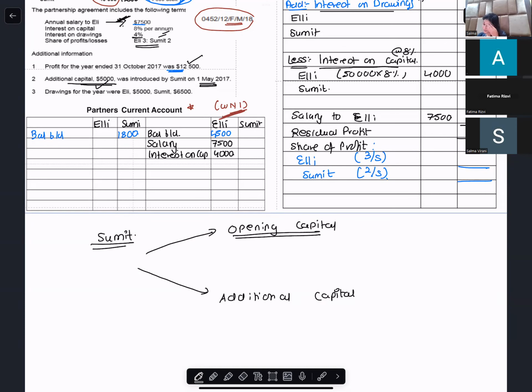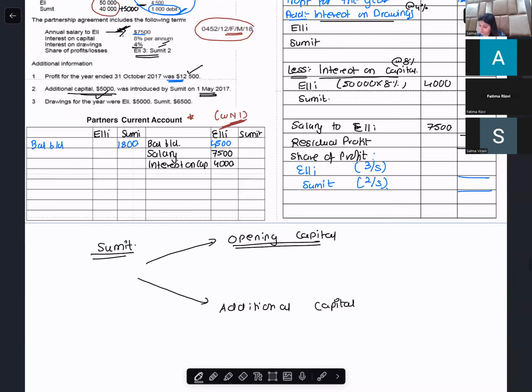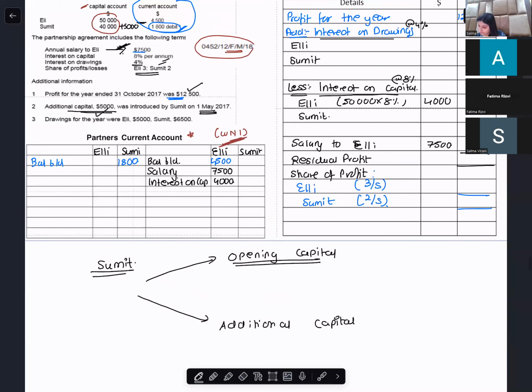On opening capital, how much? 40,000 into 8%, 3,200. And on additional capital, 5,000 into 8%.